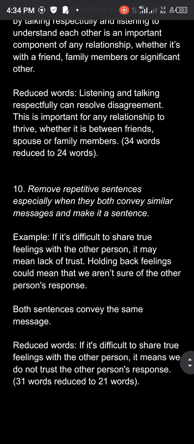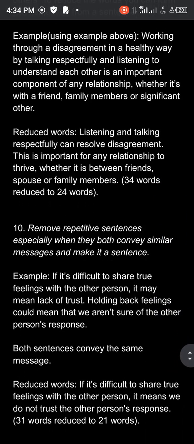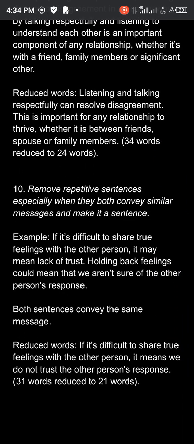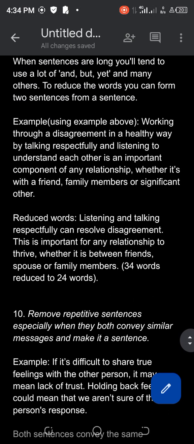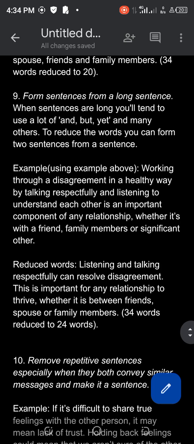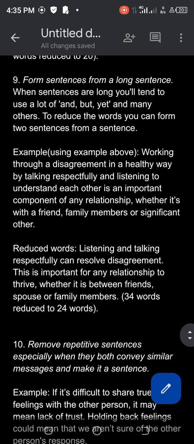So these are the 10 tips that really helped me in my essay. I was having a very tight word count, 500, and I had too many things to write, all in 500 words. In fact, that was my first test in that essay, to be able to still convey all the content in reduced words.